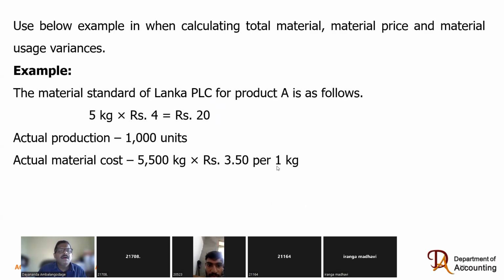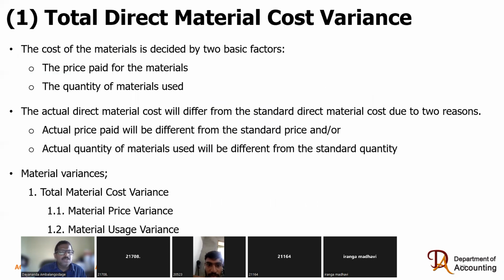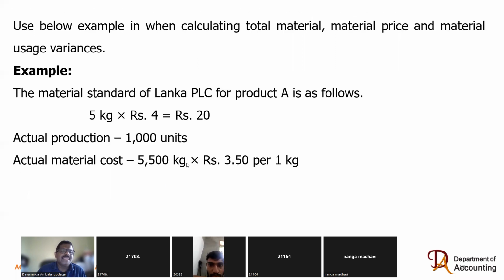Yes. Now look at this example. Material standard, Lanka PLC product A is as follows: 5 kg here, 4. So standard cost is 20 rupees per 1 unit. Actual production is 1000 units.